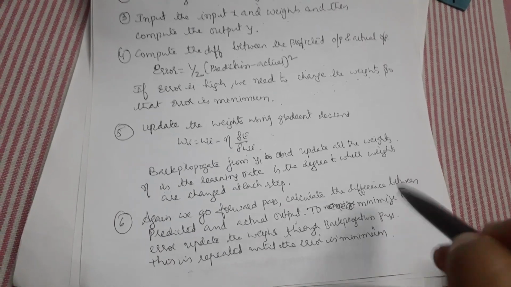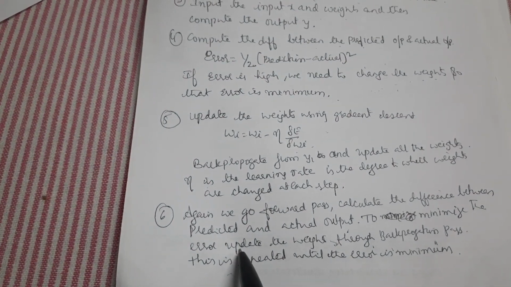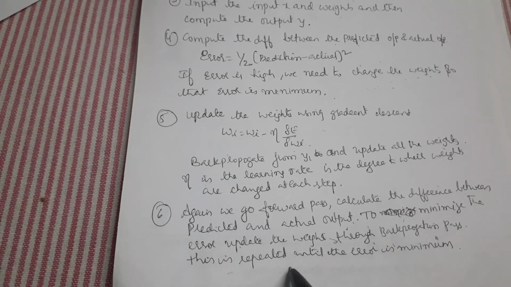If the difference is more, again do the backward pass and update the weights. This will continue: backward pass, update the weights, apply the forward pass again and print the output until the error is minimum.